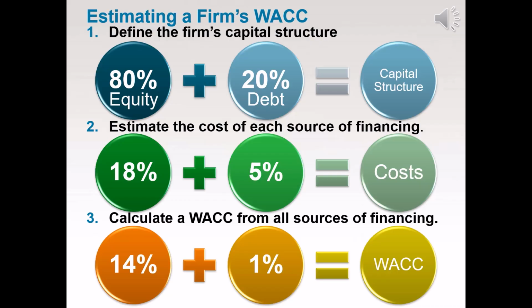That's how much we expect our equity to cost us as a weighted average. Our debt at 20%, we expect that to have a 5% cost. So 20% times 5% is 1%. Our total weighted average cost of capital is 15%.